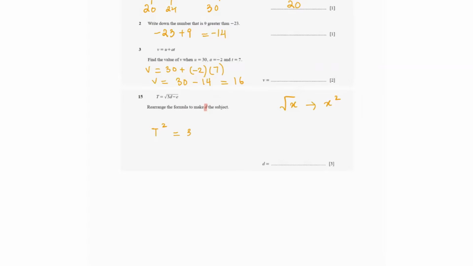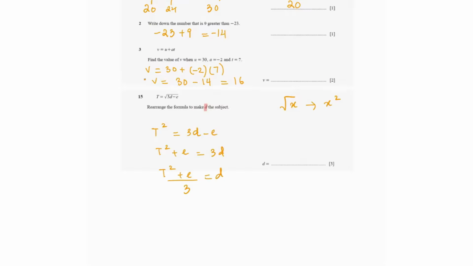Now over here, it's going to be 3d minus e. Then we take e to the other side, so it's going to be plus e now. Opposite thing. And then we take 3 to the other side, it's going to be divided by 3 now. So when you move one thing from one side to the other side, it does the opposite.